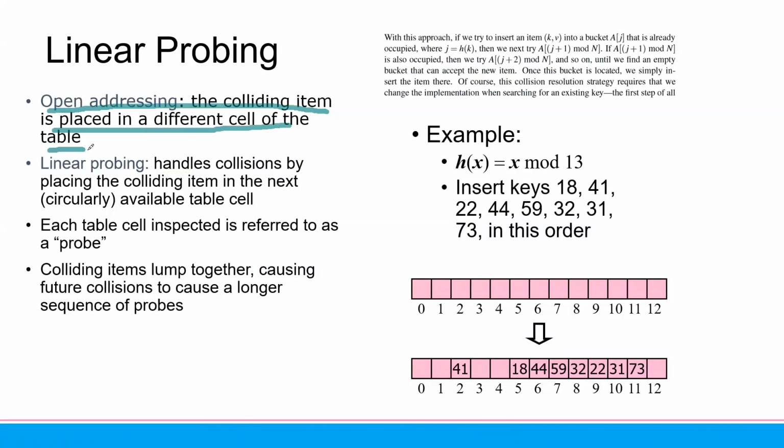It means we will handle the collision by placing the colliding item in the next available table cell. Each table cell inspected is a probe, and then the colliding items lump together, causing future collisions to cause a longer sequence of probes.